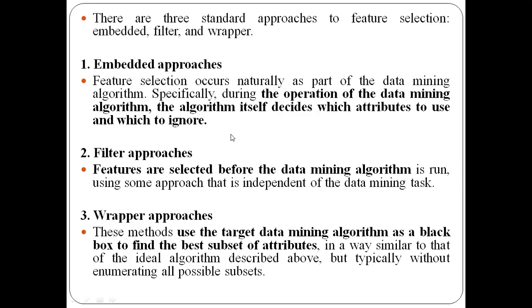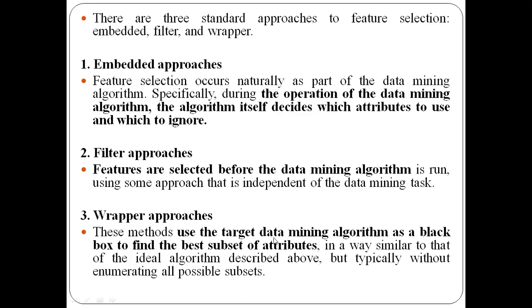But in case of the embedded approach, it is completely dependent on the data mining algorithm, which itself chooses the best features and ignores the others. In the filter approach, before running the algorithm you need to choose the required attributes, and it is independent of the algorithm.